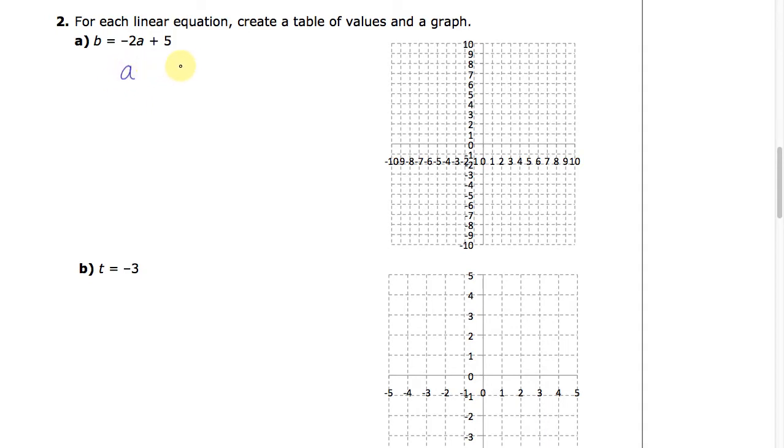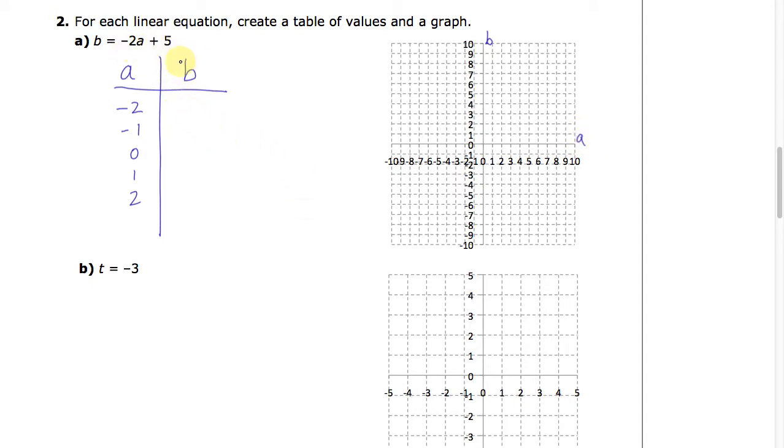So got a and b values, and we can start with some easy a values like negative 2, negative 1, 0, 1, and 2, and we can calculate the b values from that. Since it seems in this relationship that b is dependent on a, that would put the dependent variable here on the vertical axis. Independent variables tend to go on the horizontal axis.